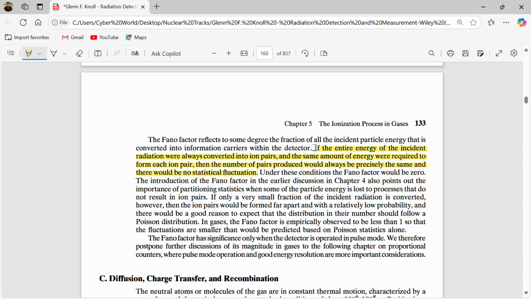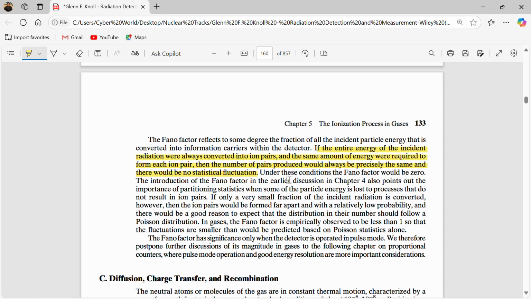So this is very important. It means the incident particle loses all its energy after interaction with the gas in the ionization chamber, and it forms ion pairs.